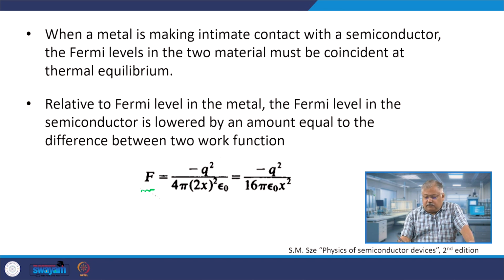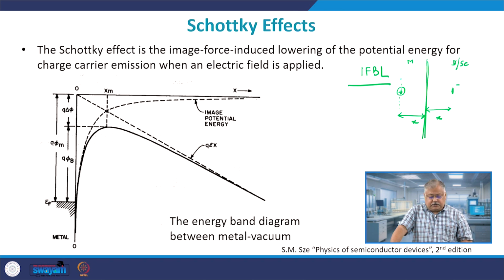If you plot the barrier height, it will go like this. The more the charge carriers, the more it will go down. What we have learned from this is that an image force barrier lowering phenomenon takes place.